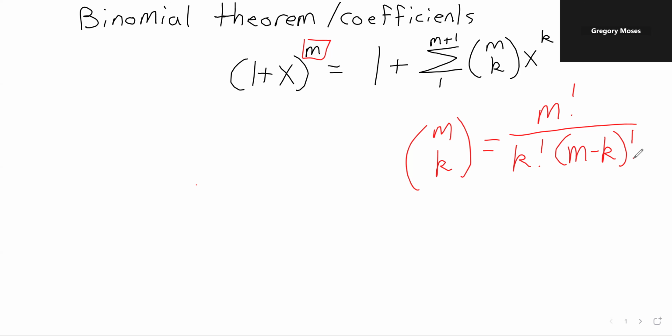And the reason it requires m to be a positive integer is that we're taking the factorial of m, and we can only take the factorial of positive integers. And the first thing we're going to do as sort of an application of the Taylor series is generalize this to work for any value of m.